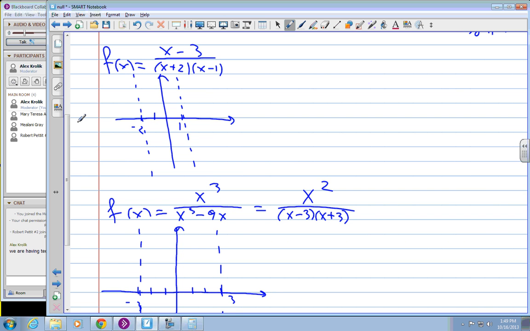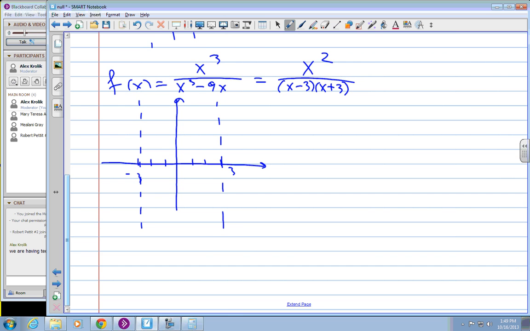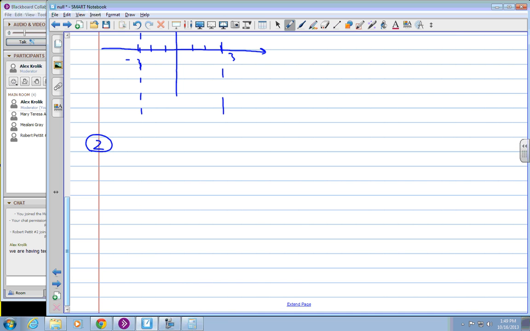Now, the other thing that we want to talk about is what happens to our function as x gets really, really big or really, really small. Okay? So we also want to discuss the values of the function on extreme values of x.